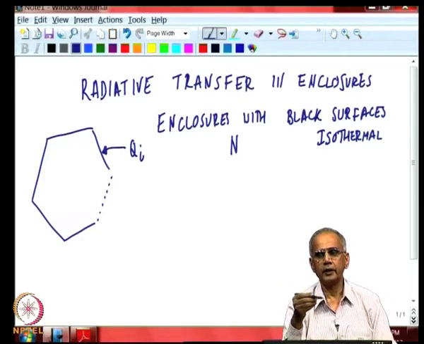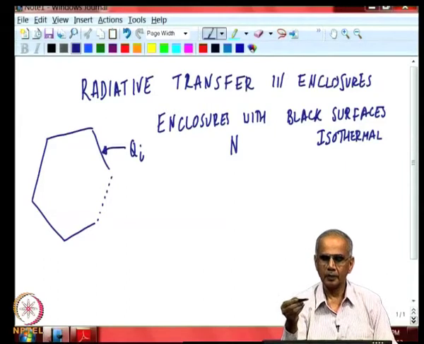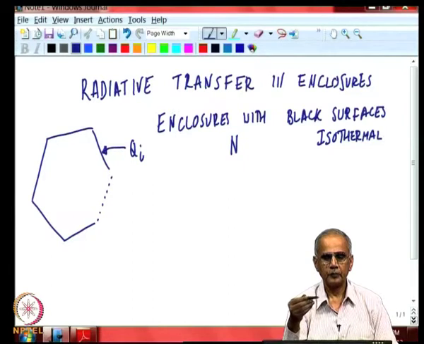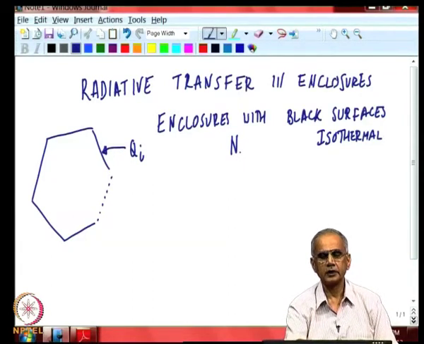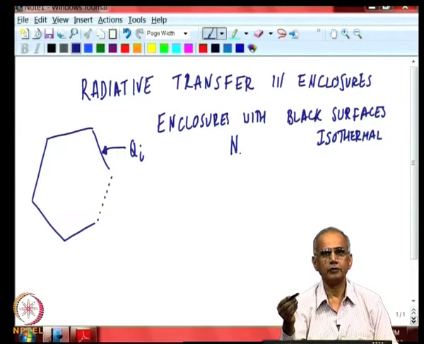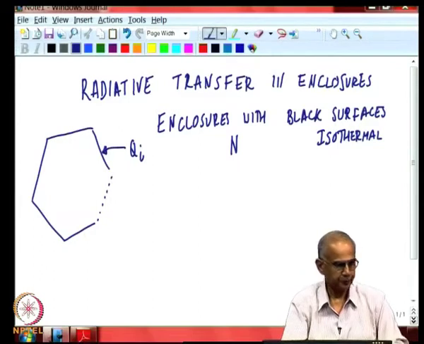So, you can divide any real surface in which there is a temperature gradient into a large number of small surfaces. Today, with the availability of computers, N can be as large as you want, 1000 or 5000; there is no problem, you can easily solve these equations.